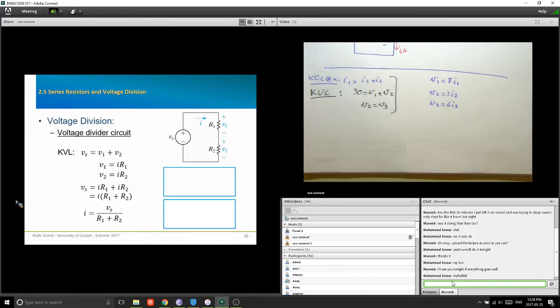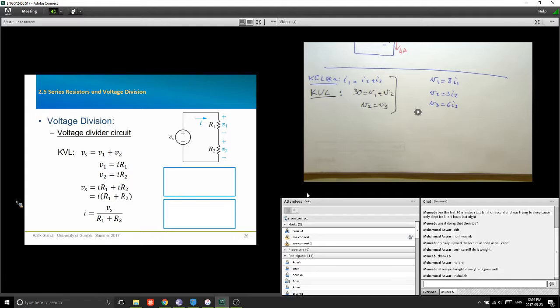So this is illustrated here by having R1 in series with R2, and I have this voltage source Vs, which is applied across both of them together. From that, you can find the value of V1, which is across R1, or V2, which is across R2, in a very easy way. But again, it's obviously based on KCL, KVL, and Ohm's law, so we're going to start from basic principles.